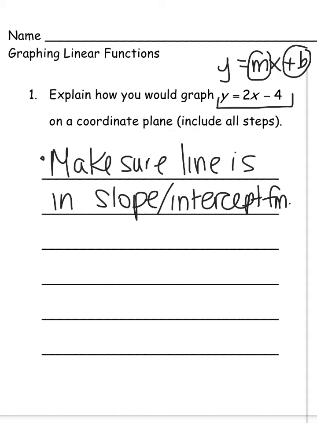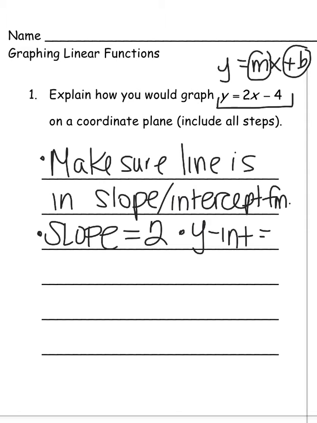Then you would identify your slope and y-intercept. So slope is, in this case, positive 2, and our y-intercept is negative 4. So all of this was the setup.